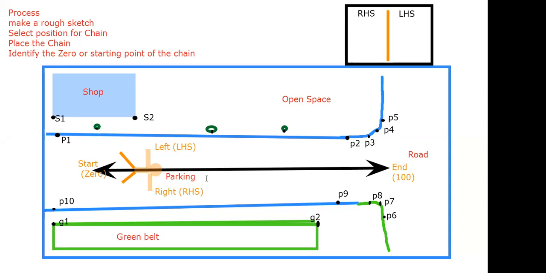So that's how you have identified the left hand side and the right hand side of your survey area. Okay. Identify the LHS. Now I hope you have understood what LHS and RHS are of the survey area.